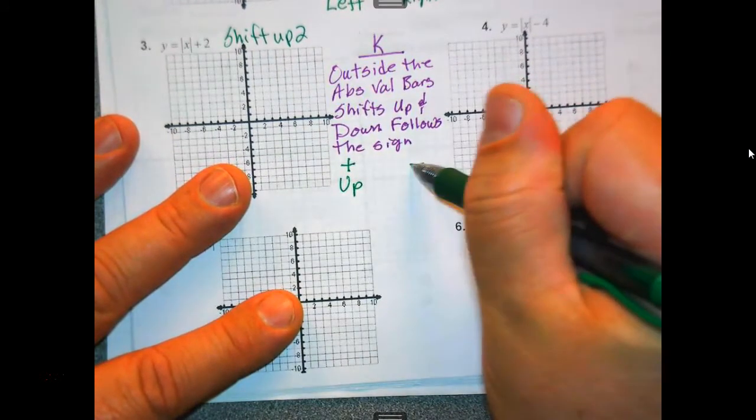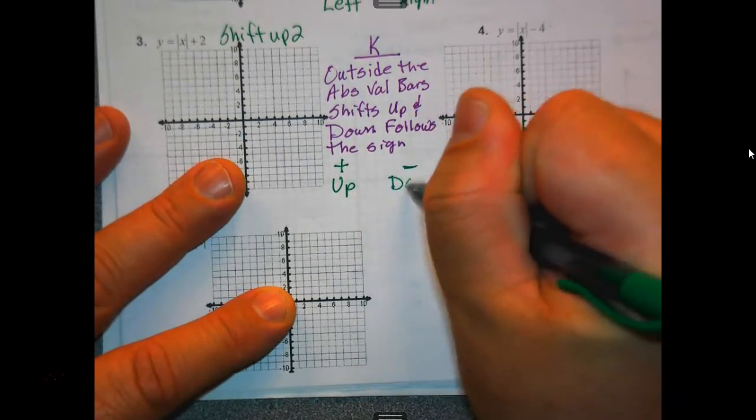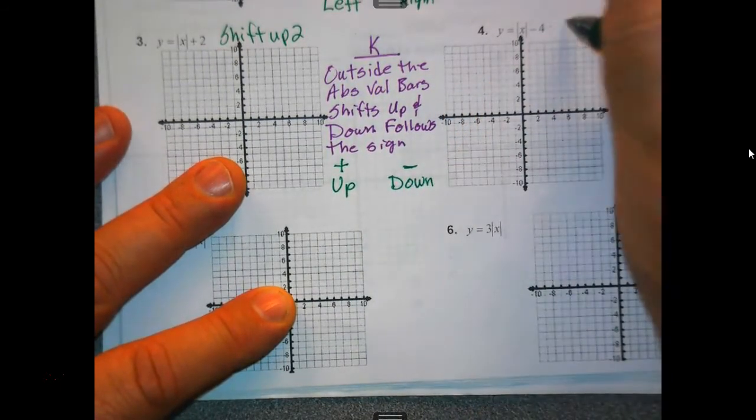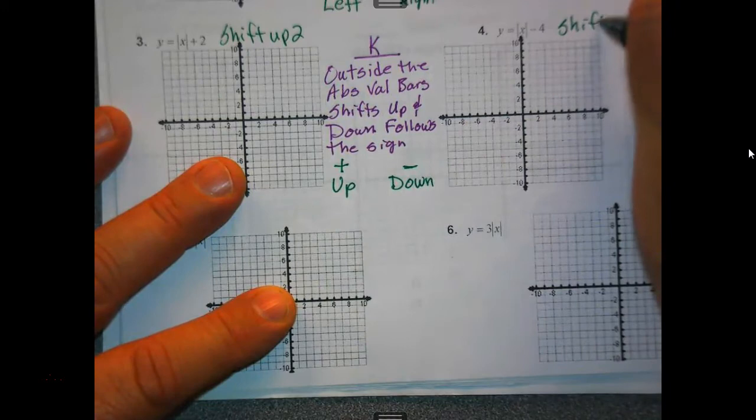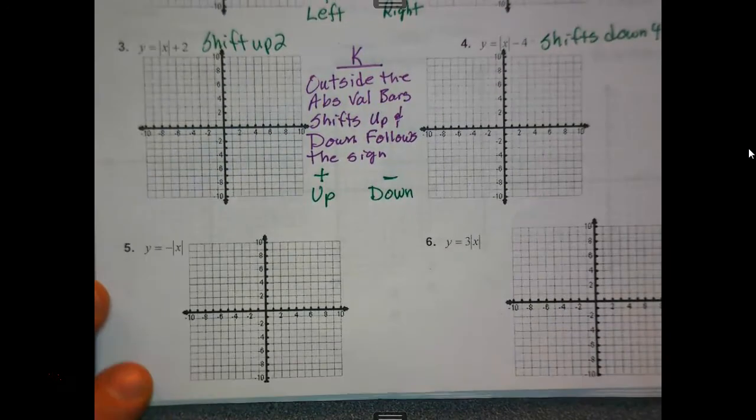If it's a minus sign, like minus 4, it's going to go down 4. Everything else stays the same.